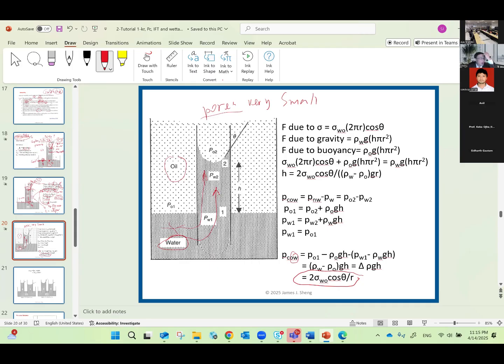But the only difference we have to consider is that in this case we have to consider buoyancy, okay? Because this is water in the oil. Water density and oil density are very close.